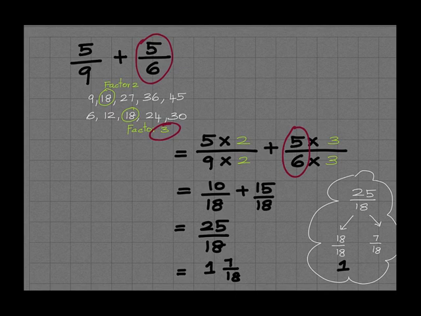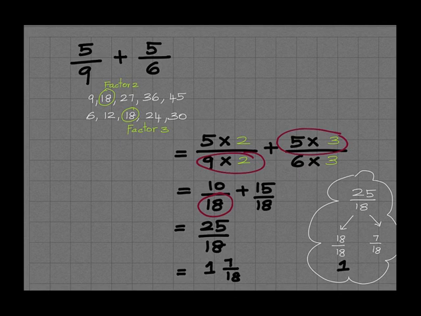Okay. The next step is 5 times 2. We know that it's 10, and 9 times 2 is 18. 5 times 3 is 15, and 6 times 3 is 18.